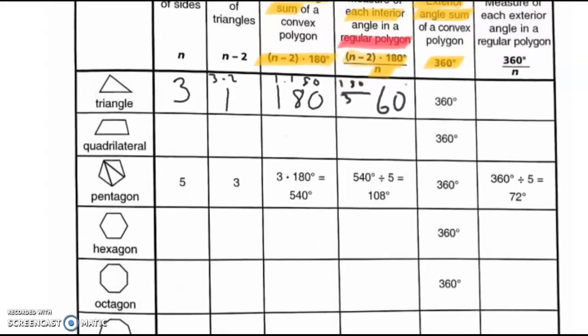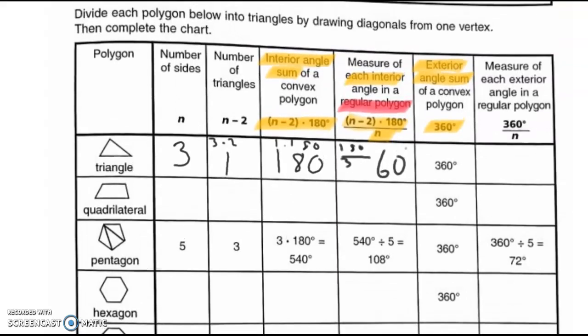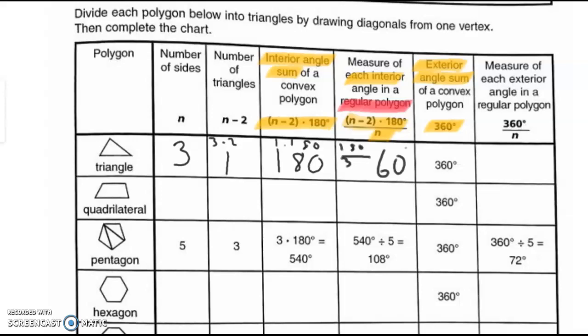$360 all the way down, and it's already filled in for you. The reason for that is because it doesn't matter how many sides it has, it's going to be 360. So then we're going to take each exterior angle, and again, it has to be a regular polygon.